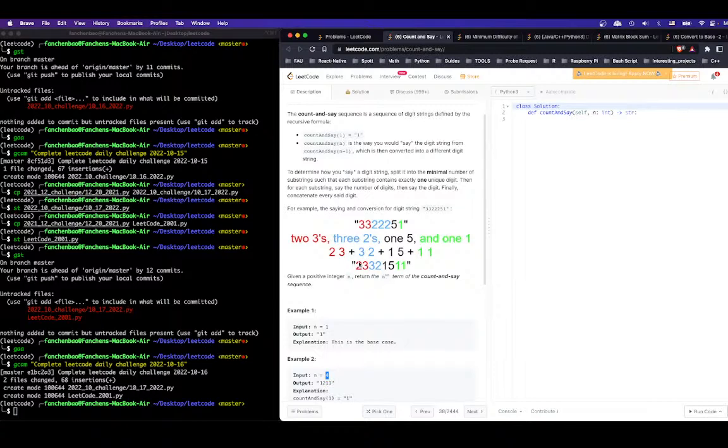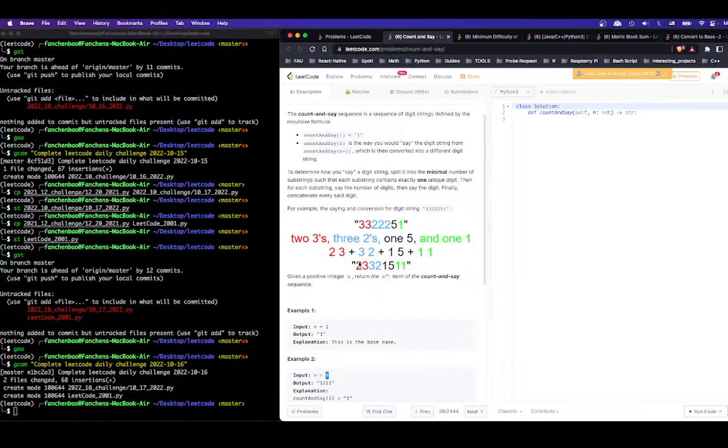So count and say 4 is going to be count and say 3, the way you would say count and say 3. Okay, hold on. So you say 4 will be, you say 3 will be, you say 2 will be, you say 1.